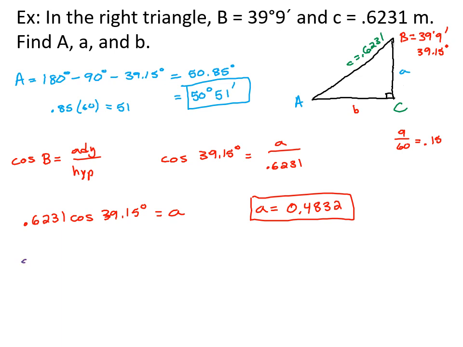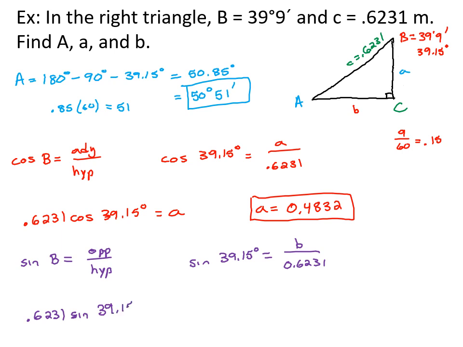I'm going to use that sine is the opposite over the hypotenuse. And so sine of 39.15 would be the opposite side, b, over 0.6231. If you multiply that to the left-hand side, I'll get 0.6231 times the sine of 39.15.